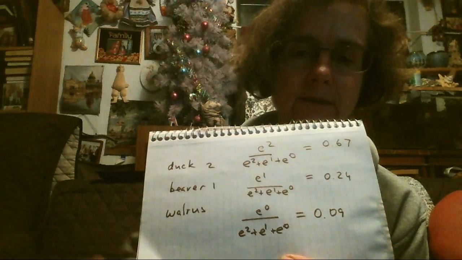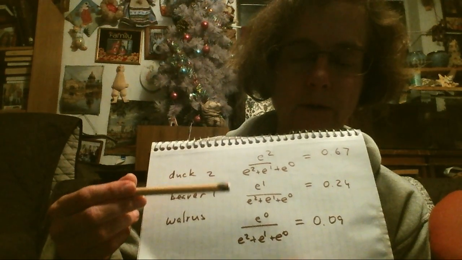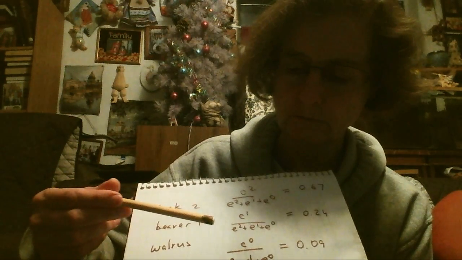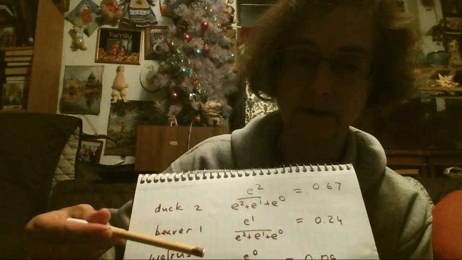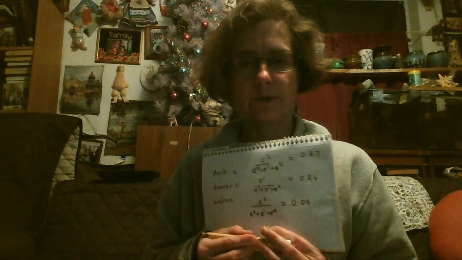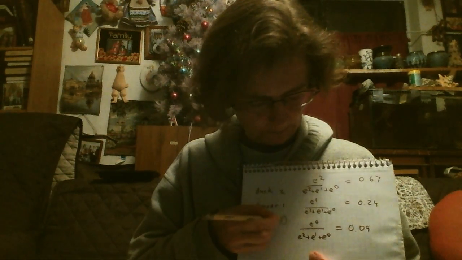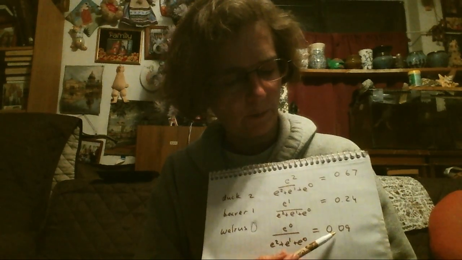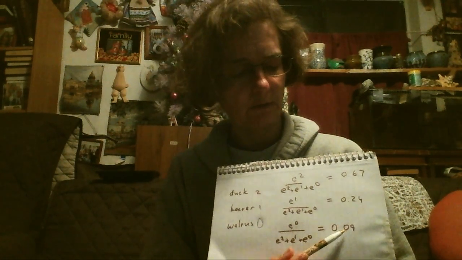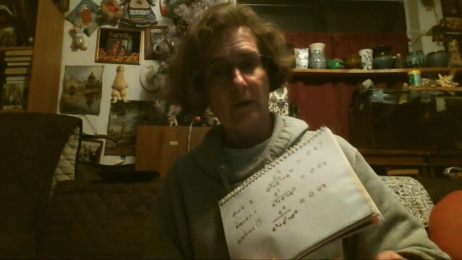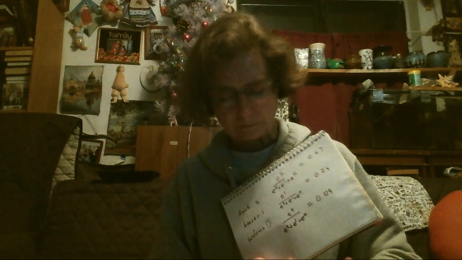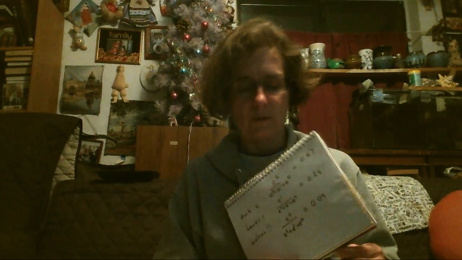Walrus is calculated the same way, except remember, our score for walrus is 0, so that's where 0 comes in. Our probability is going to be 0.09. They all add up to 1, which is great. So that's the idea behind softmax function. And softmax function is great for multi-class classification.